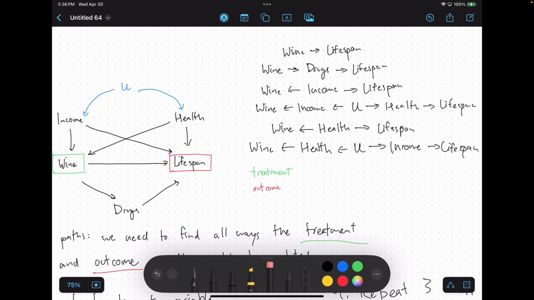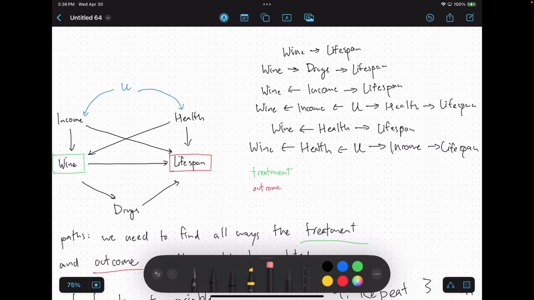And I'll say causal relationships will always flow through your arrows in one direction. Correlations between variables can flow in both directions, right? And so I can actually make inferences about certain things, even if the arrows are going in the opposite direction.